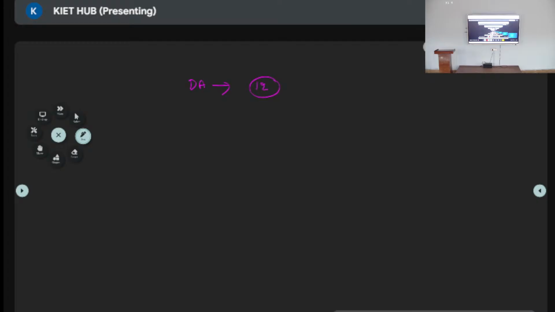Okay, for computer science students, it's a 3 marks weightage.